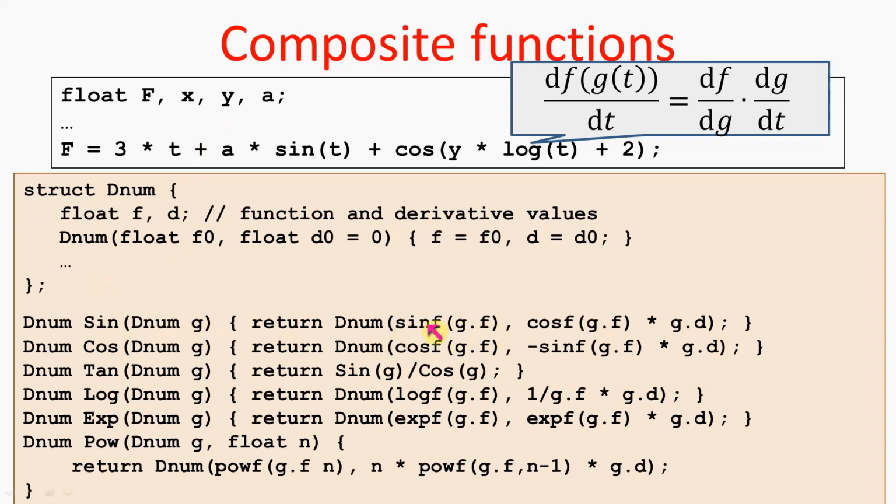The computation is the evaluation of the sine function for the value stored in g, which is g.f. The derivative of this is just the derivative of the sine function, which is cosine, multiplied by, according to the chain rule, the derivative of the input variable, which is just g.d. We use the same trick for all possible built-in functions.